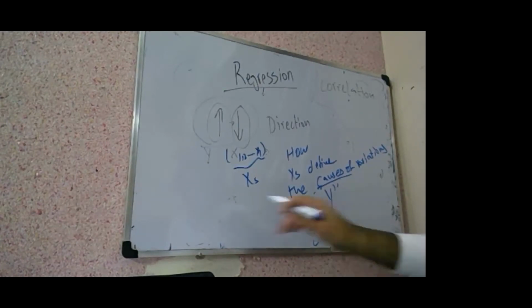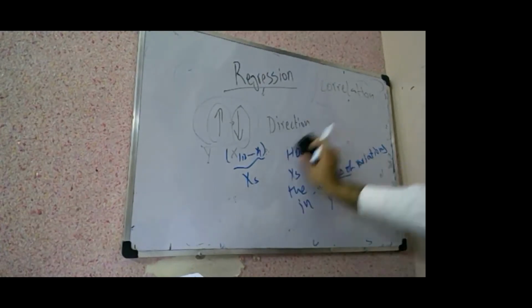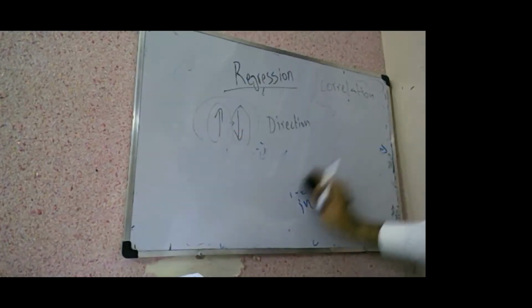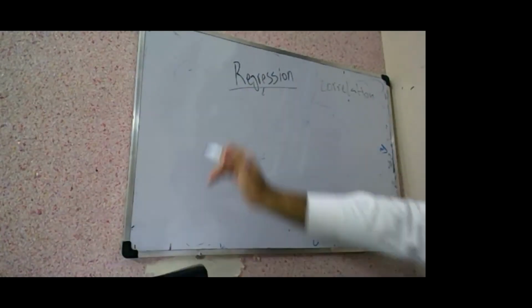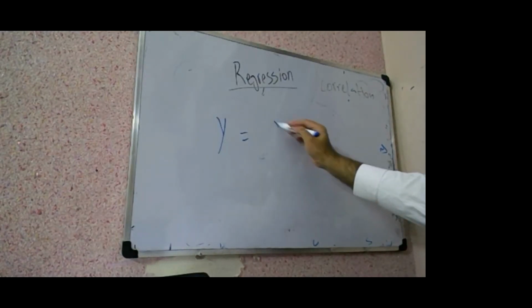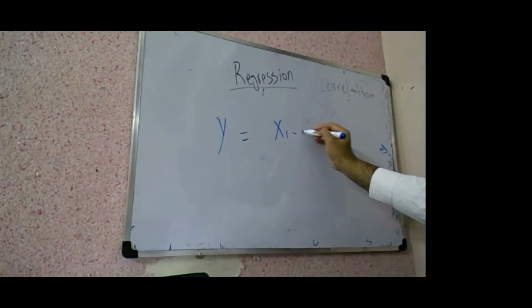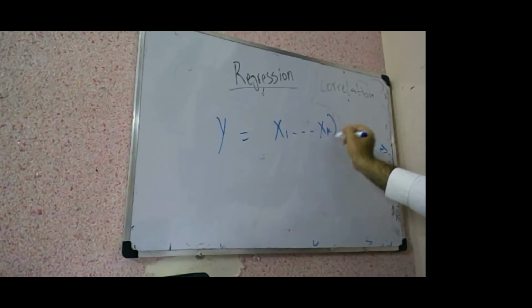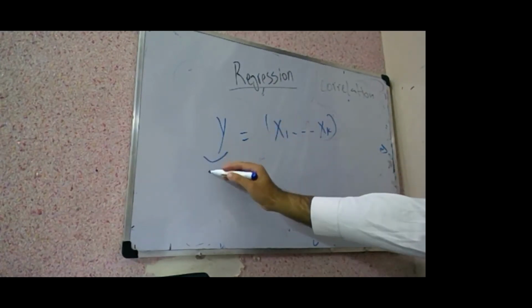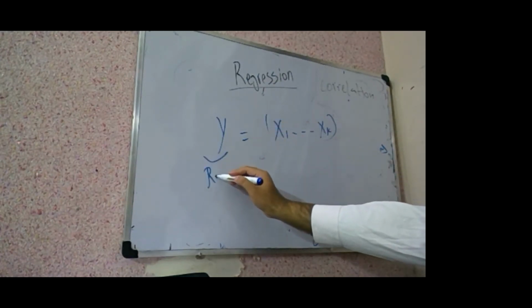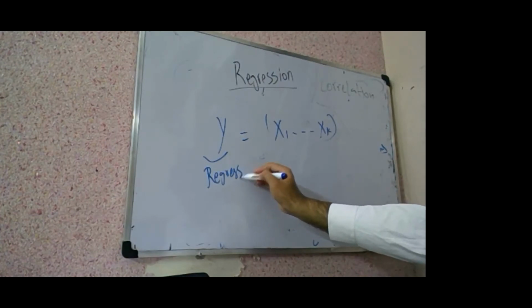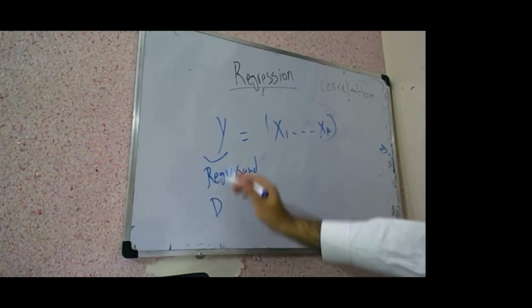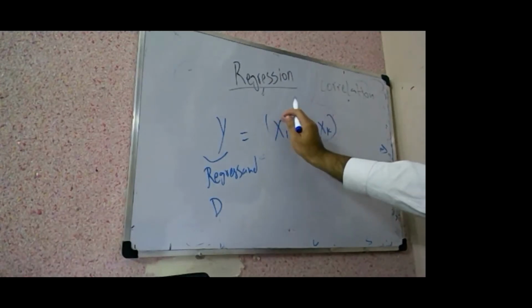So here we have two major sets of variables: the y's, and the x's, meaning x1 and so on up to xk. These have different names. You can call y the regressand, or dependent, because it depends on the changes in x.